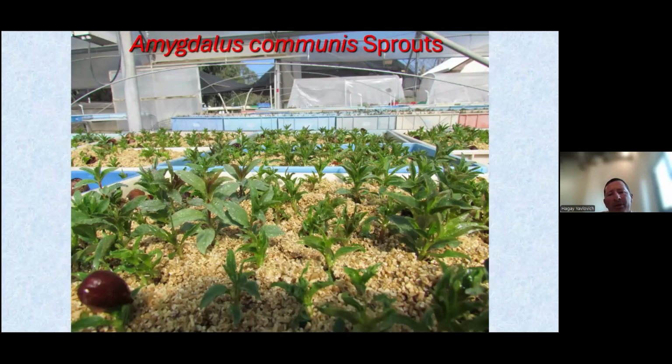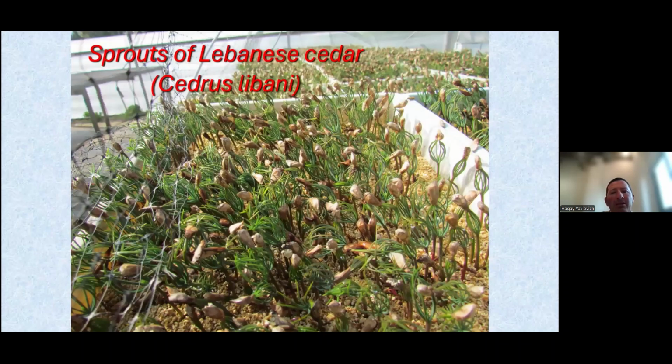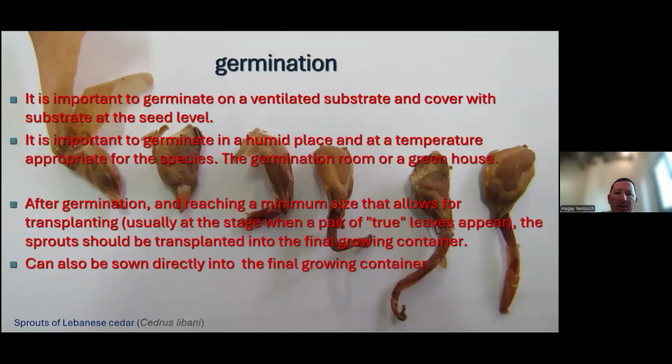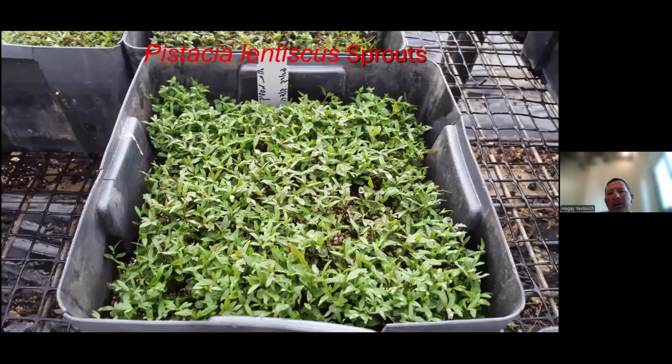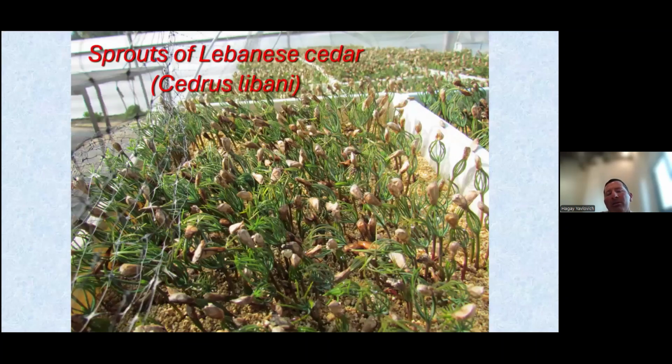The way we work is, for most of the species, we germinate in boxes, and then we transplant them to the final growing container, so that we have full growing containers, because if you sow straight into the final growing container, you must have seeds with a very high germination percentage.